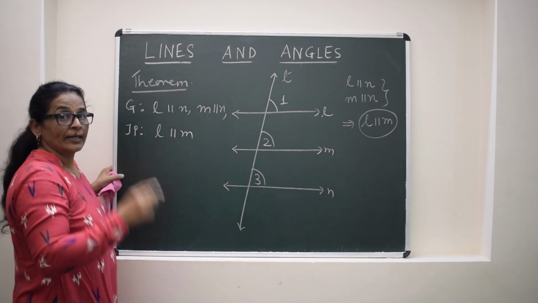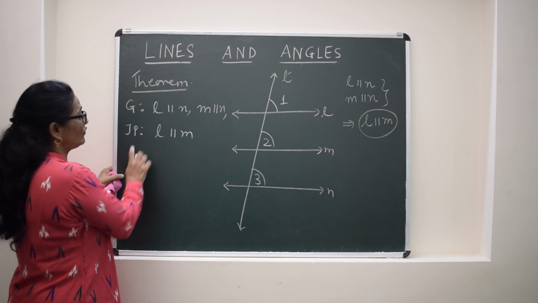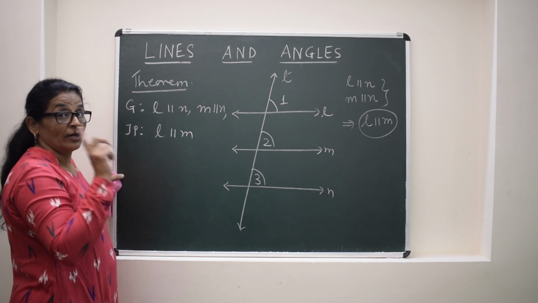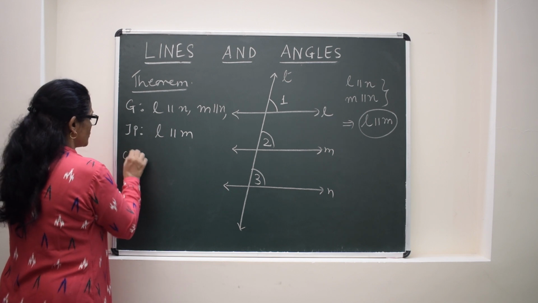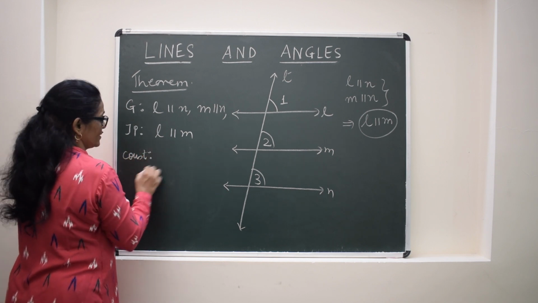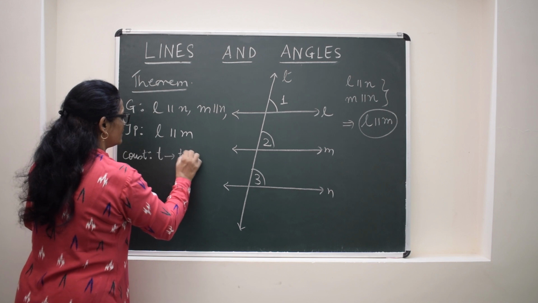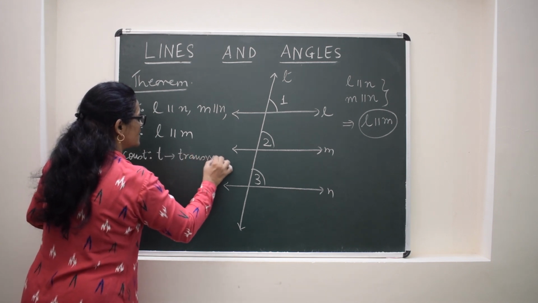One set at a time we will take. Before we come to the proof, as I said, if we are doing some construction, we have to specify it. So we will write T is a transversal.